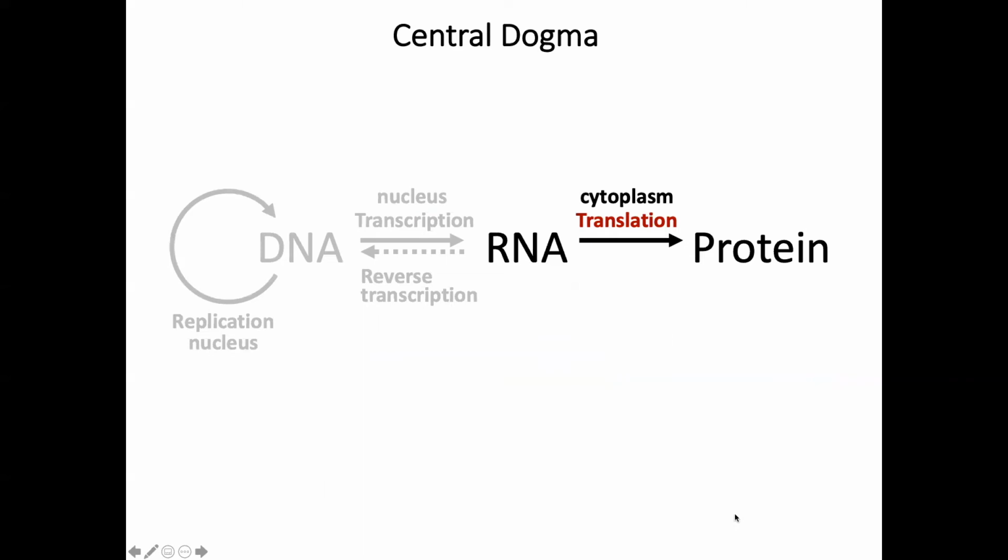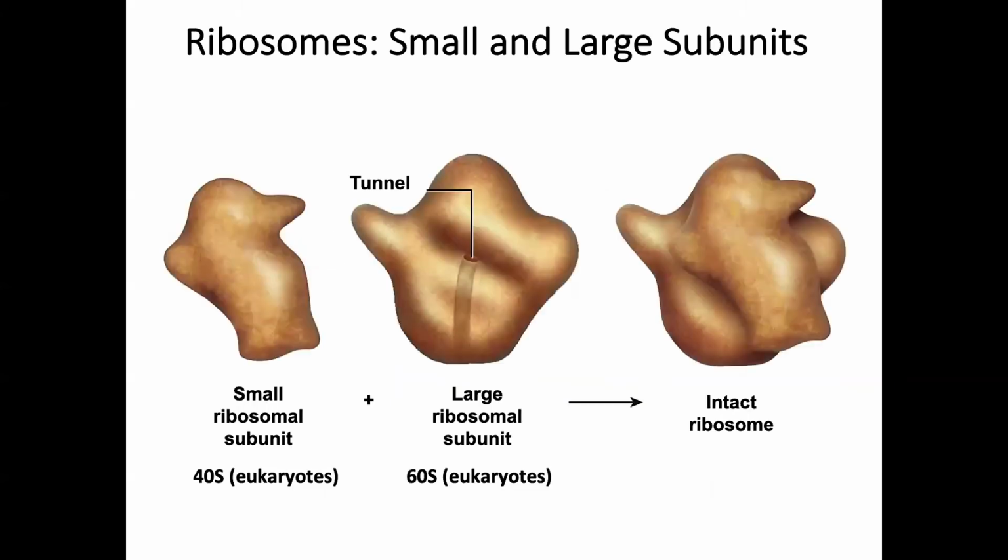Now let's see how protein is finally made by the translation process. We all know the ribosome is where translation occurs. The ribosome consists of two major components: a small ribosomal subunit and a large ribosomal subunit.